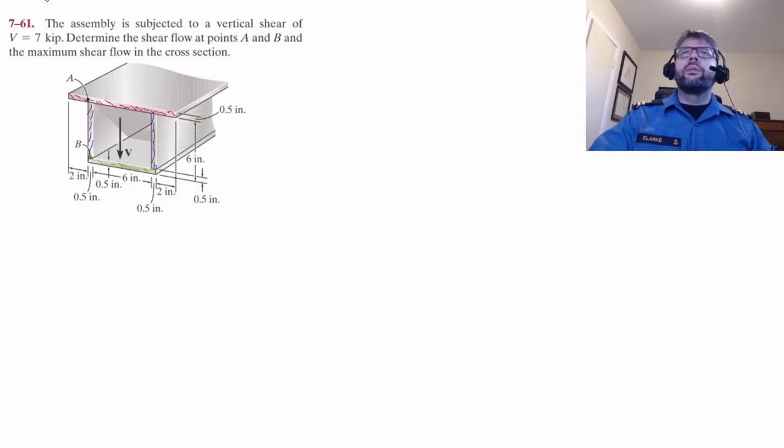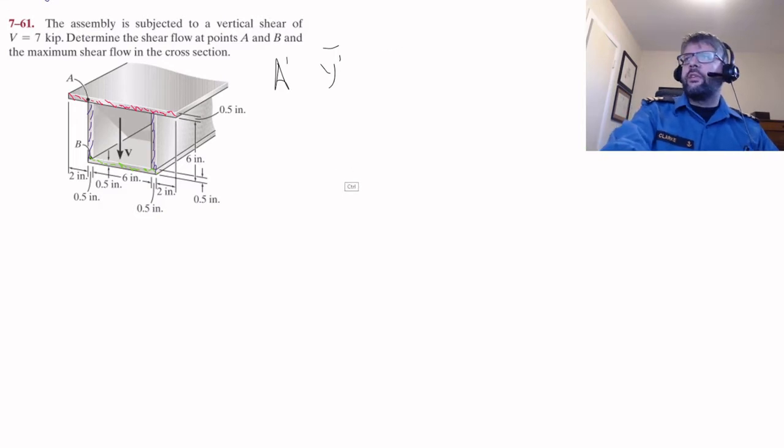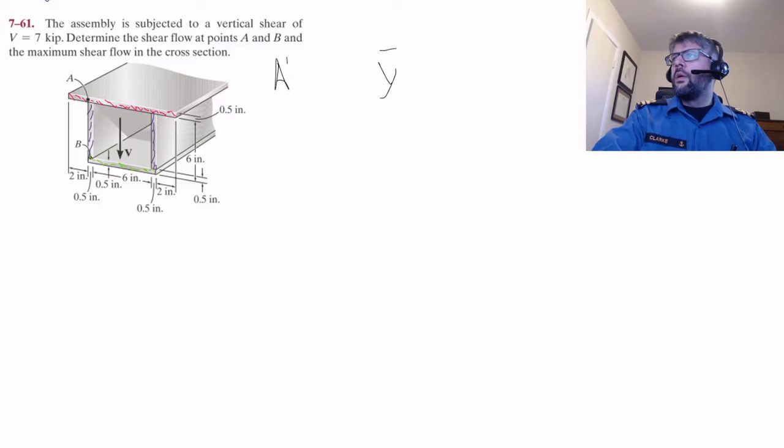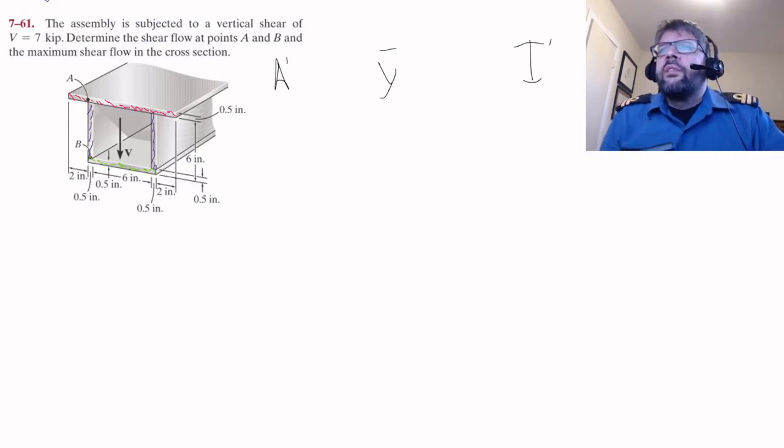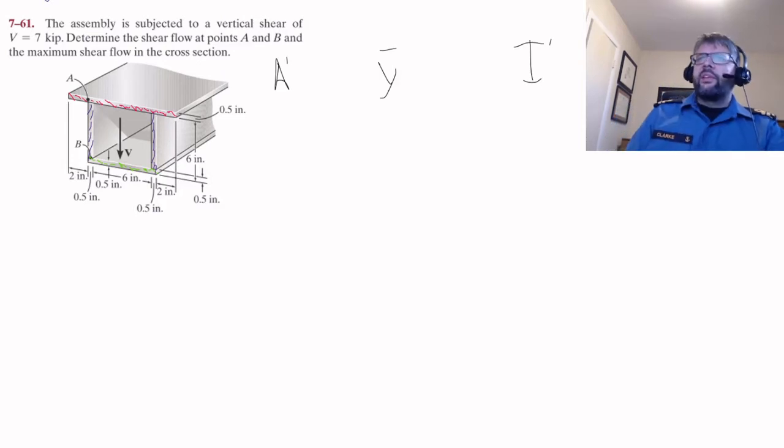So for each of those, we're going to have an A, a Ybar, and an I calculation. Actually, let's space that out a bit more. So for the top one, the area: 0.5 inches thick, and what's its length?